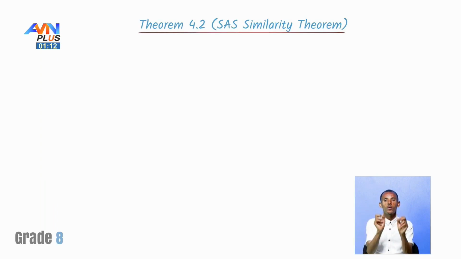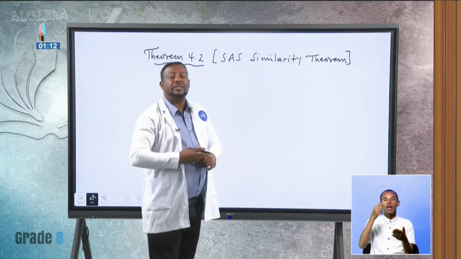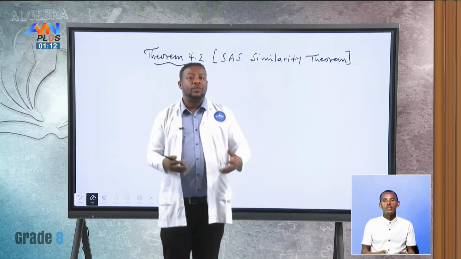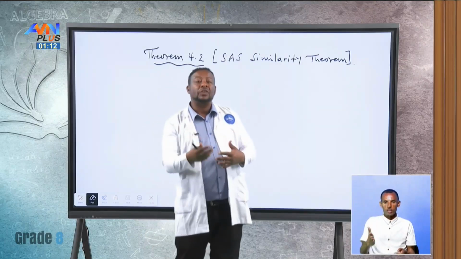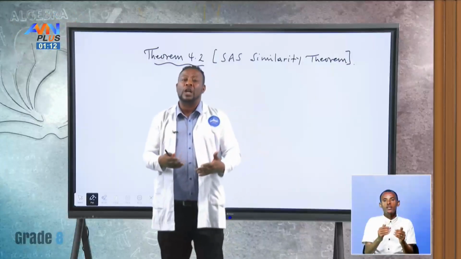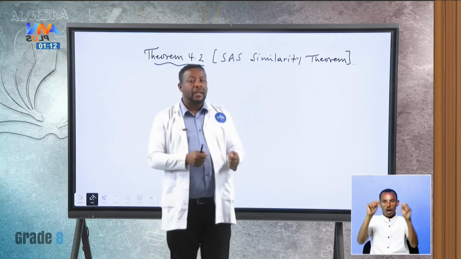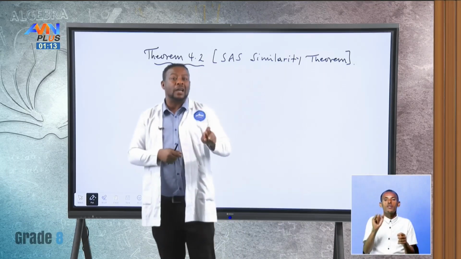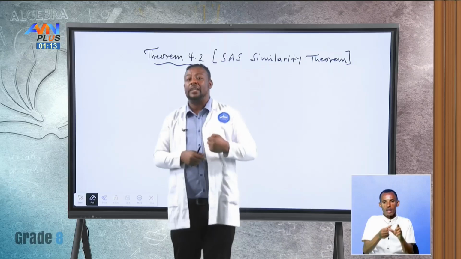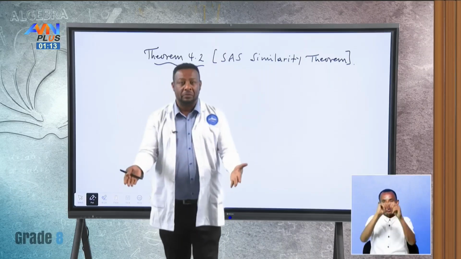Okay, so this theorem tells us if two sides of one triangle are proportional to two sides of the other triangle, and if the included angle in both triangles is congruent, then the two triangles are similar, right?